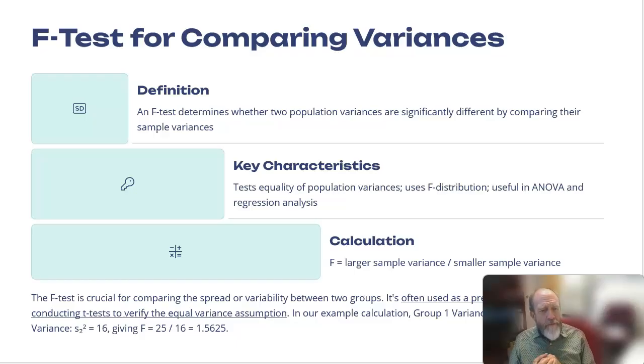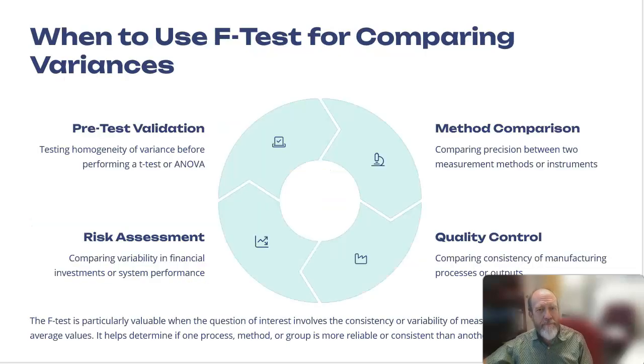You do this before conducting a t-test to verify that the variances are equal, because one of the assumptions of the two-sample t-test is that you've got equal variances between the different samples. So this can be used as a filter for that. But it is useful for comparison of the sample variances.